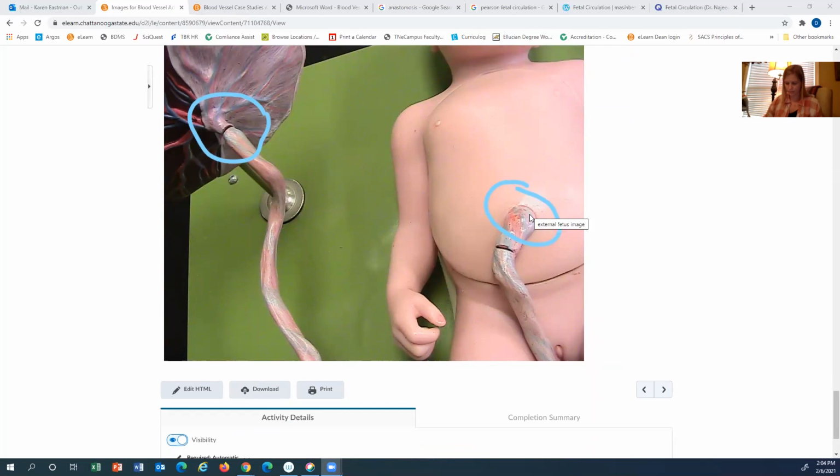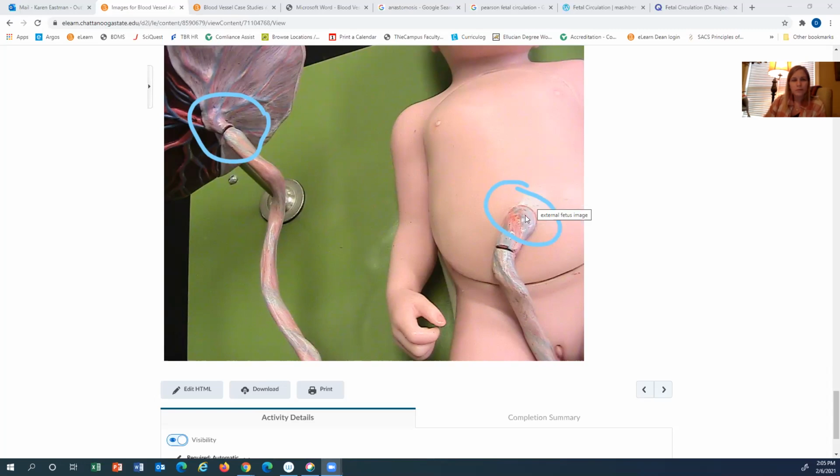And just like at the heart, vessels that start with an A are arteries, and A for artery means away. Any vessel that goes away from the heart is an artery. The same thing is true for this fetus: the vessels that come away from the fetus are going to be arteries. There's one umbilical vein coming in, and two umbilical arteries going away.